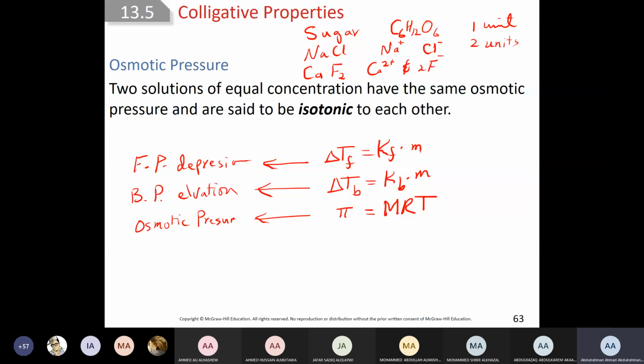So how many units will this be? 3 units. Don't forget this. Each unit is affecting this equation.